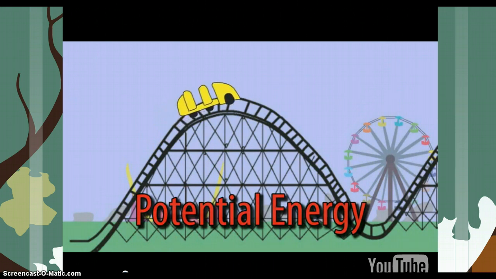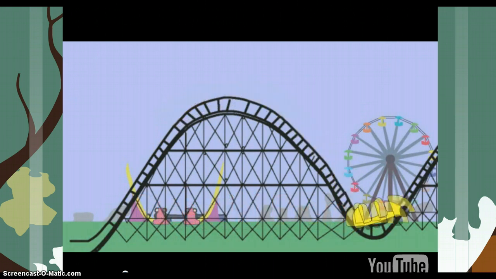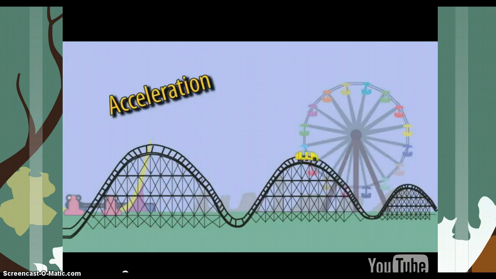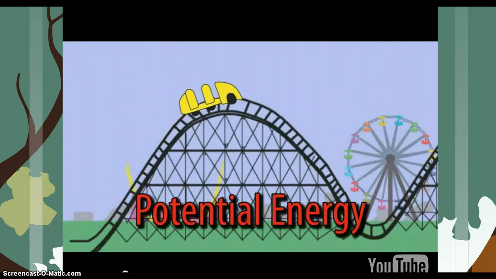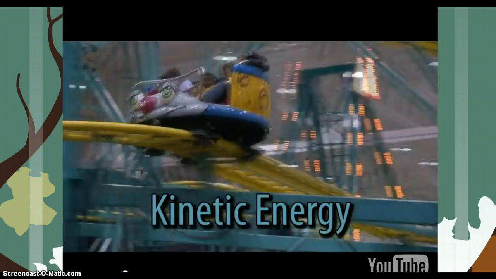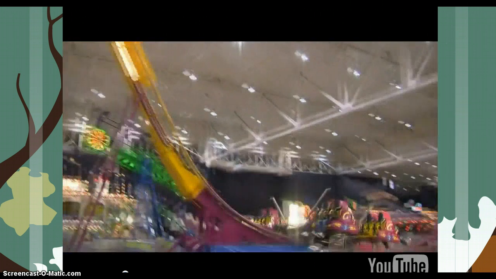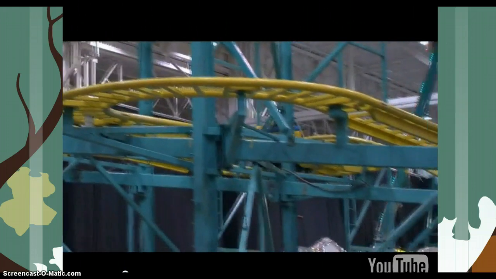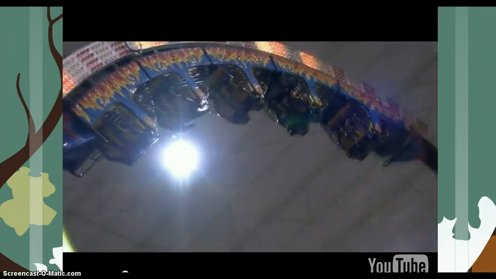Then, you finally get to the top of the hill and gravity pulls you down the track, which increases your acceleration and velocity. This turns the potential energy to kinetic energy. Kinetic is energy that is being used, or energy that is caused by motion. The roller coaster goes faster with more kinetic energy being used, which is why the car gets faster towards the bottom of the hill.